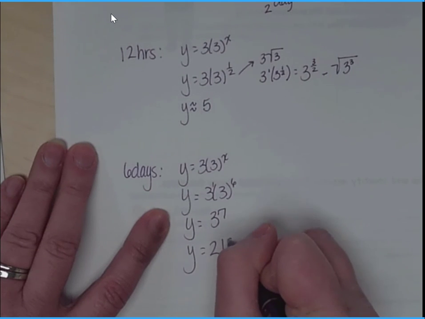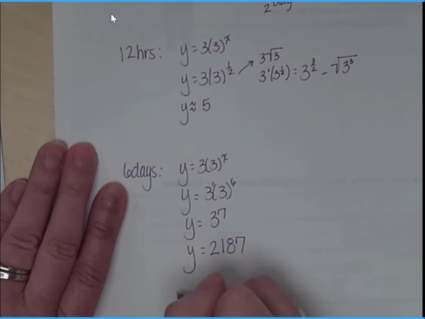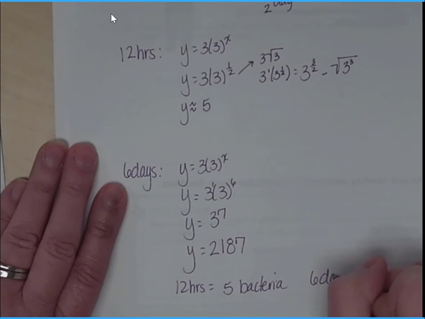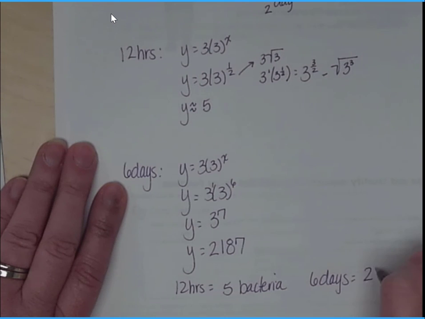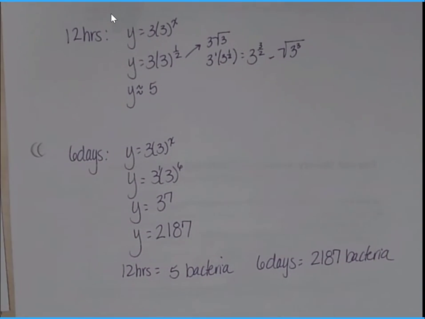So y equals 2,187. So for 12 hours, I have approximately 5 bacteria. In 6 days, I have approximately 2,187 bacteria. It's an exponential growth, so it's growing pretty quickly.